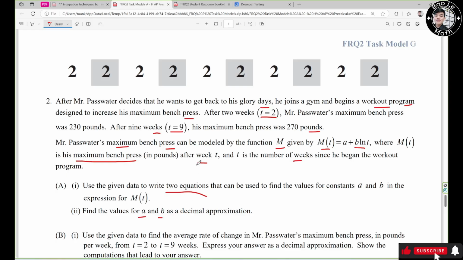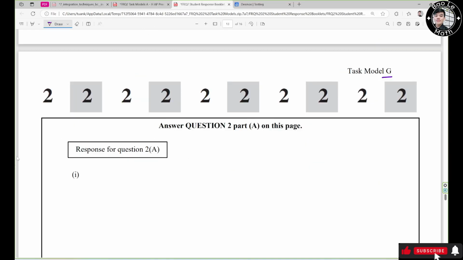Alright, so we look at this one right here. We see that we have 2 ordered pairs, right? It's going to be 2, 230, right? Second one is going to be 9, 270, right? And we have the equation right here, a plus b natural log of t, right? So we're going to write over here m of t equals a plus b times natural log of t, right?